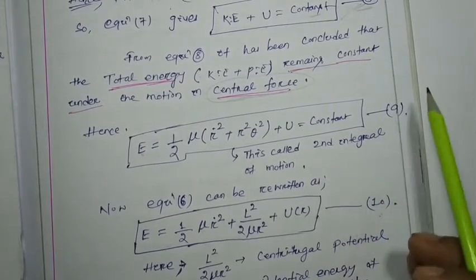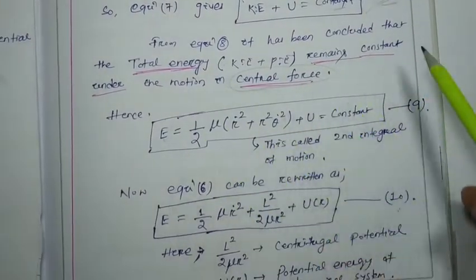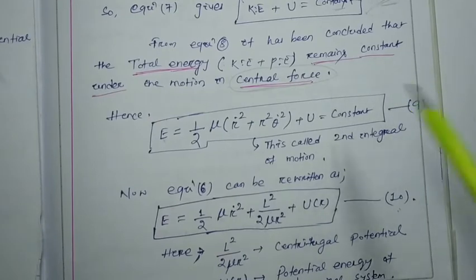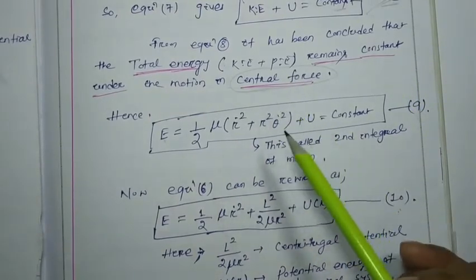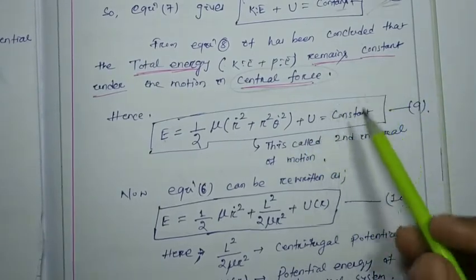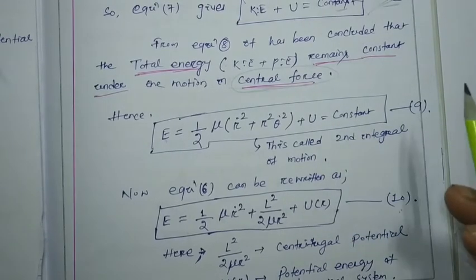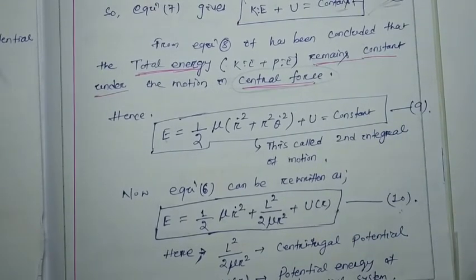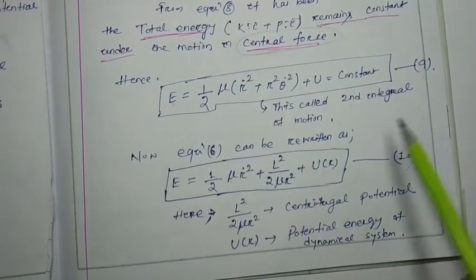Okay. So I told that wherever you find this, it is the equation of motion, the integral of motion, meaning that equation or expression represents mathematically the dynamics of the motion. That means from that equation we can find the behavior of the dynamics. Okay. Now equation number 6 can be rewritten.